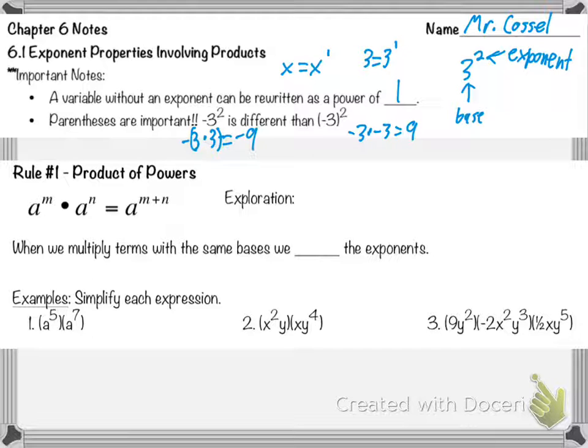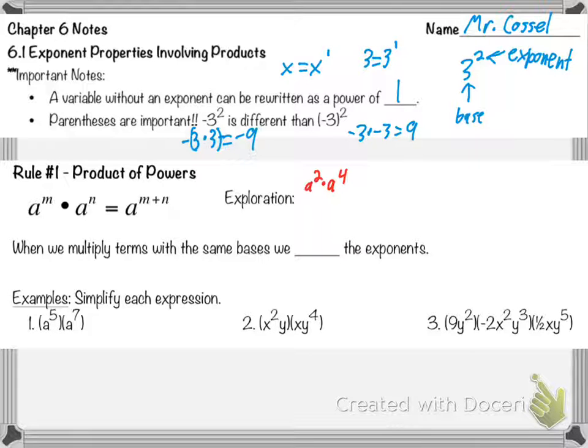So if we have the same base a raised to the power m times base a raised to the power n, we end up saying it's the same thing as a to the m plus nth power. You add them. Let's do some exploration to look at this. Let's say we have a squared times a to the 4th.